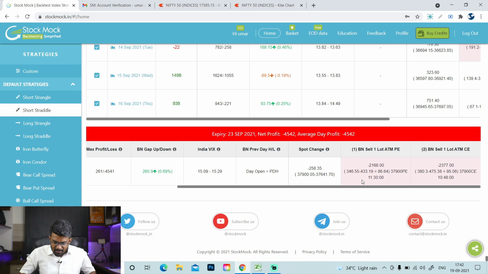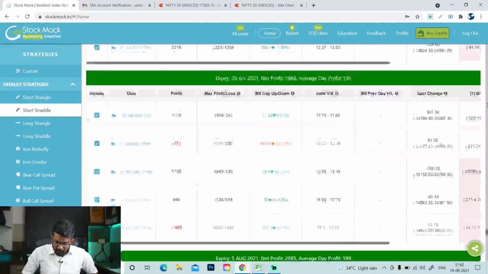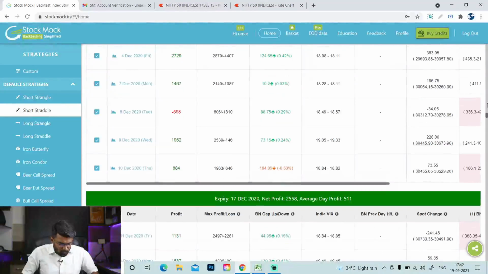So the trade has to be exited. That is what is happening here. If you see here, you can identify this one, right? They are putting the trade details also here. So if you want, you can go and check that also. Like this, you can backtest all the strategies, and if you want, you can go and trade also.